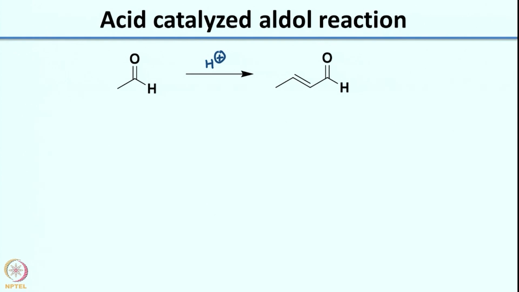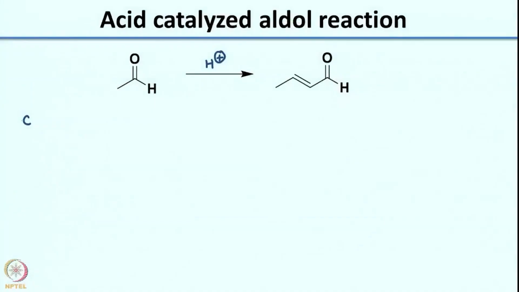In the base catalyzed reaction, the medium was rich in OH minus. Here we are looking at a medium which is rich in H plus. So, obviously you know what your sink will be in this case, it will be H plus. Now let us look at the source. If I consider again the same molecule, what would be a good electron source here?